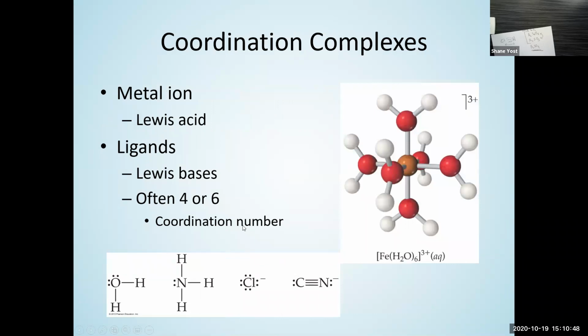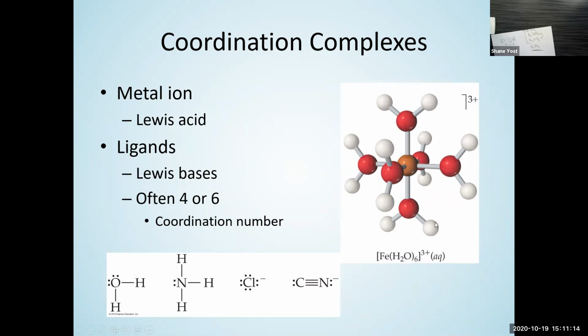But you have these other reactions like the formation of coordination complexes. A coordination complex is a structure where you have some central metal ion and a bunch of molecules, often called ligands, where you have 4 to 6 of these molecules that surround that central ion. So here, an example is Fe(H2O)6.